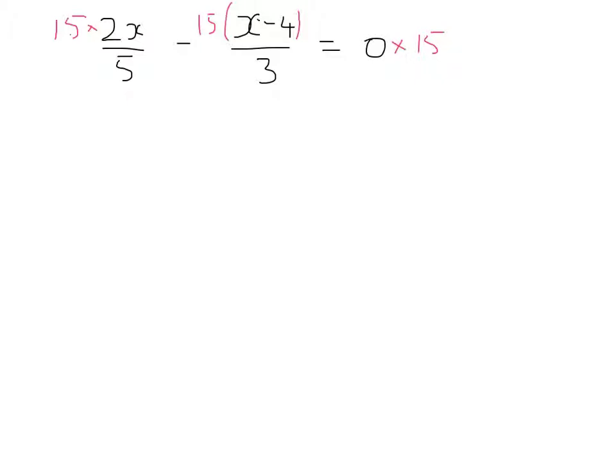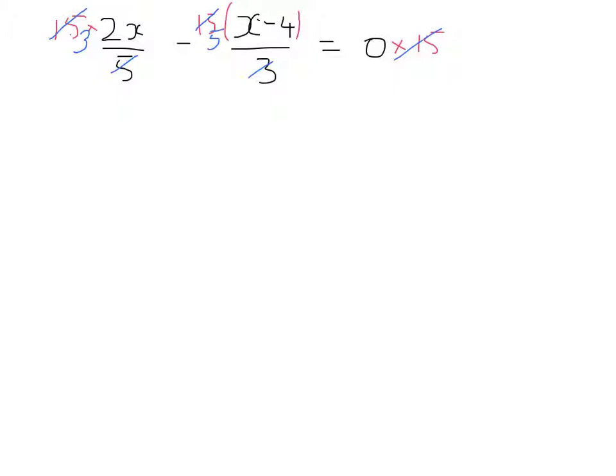Now the 15 in the first term here will cancel down with the 5 on the bottom and leave us with 3. In the next term, the 15 will cancel down with the 3 and leave us with 5. And on the right hand side, 0 times 15 will just equal 0.